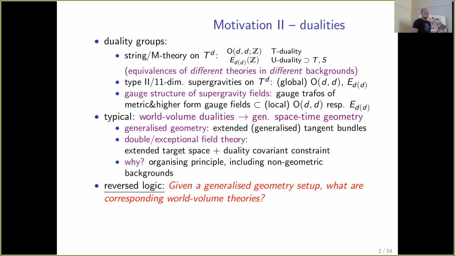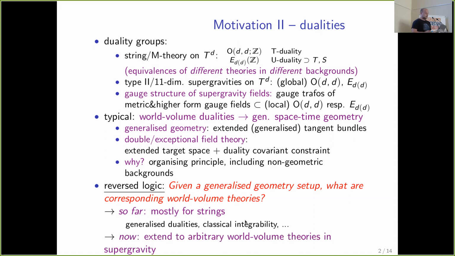As we will see, similar structures as in the string case appear, just with a different duality group, and I would like to investigate those. So this has been done for strings and had big success in describing generalized dualities, classical integrability, and now I would like to extend that to arbitrary world volume theories in supergravity theories, like D-branes or the membrane in M theory.